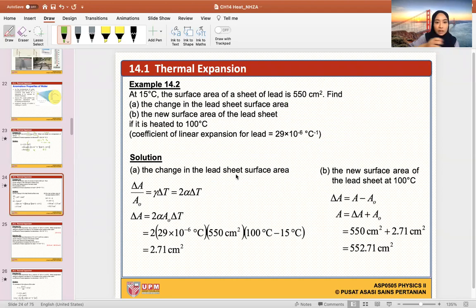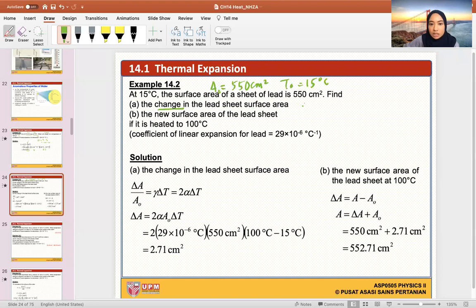Okay. Moving on, example 14.2. At 15 degrees Celsius, the surface area, so we are talking about area here, A naught is 550 centimeters squared. That is your information. This guy is your T naught, so T naught is 15 degrees Celsius. Find the change in the lead sheet surface area.